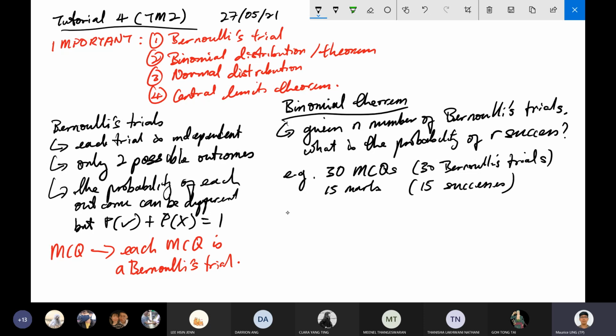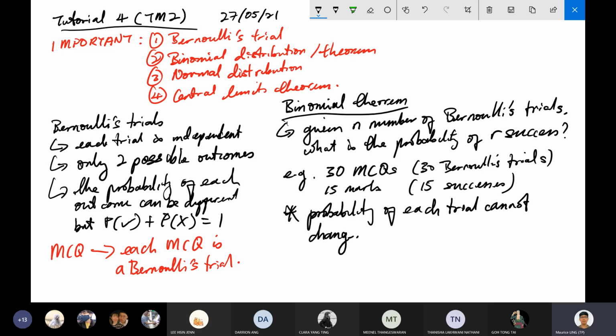And very important for the binomial theorem is that the probability of each trial cannot change. Otherwise, you cannot use the equation. The probability of each trial cannot change. This is very important.